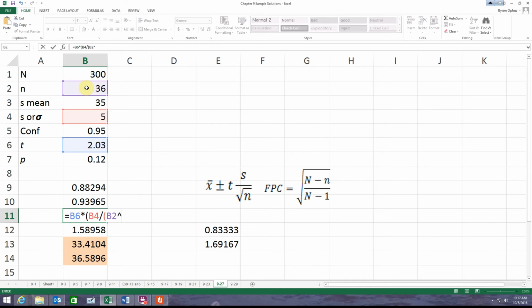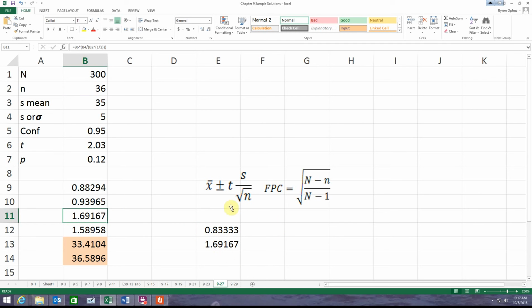I probably got too many parentheses in here, but too many sometimes is better than not enough. We'll see if that gives me the right answer, and in fact it does.